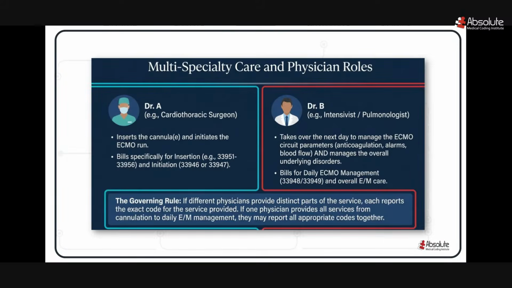And if on the next day another physician, let it be an intensivist or a pulmonologist, gets involved, and he manages the blood flow parameters, monitors anticoagulation, evaluates all the alarms, assesses the oxygen, and optimizes the ECMO circuit, in such cases physician B can report the daily ECMO management codes along with the E/M service, because he's managing both the ECMO device and also taking care of the overall patient's condition other than the ECMO circuit.